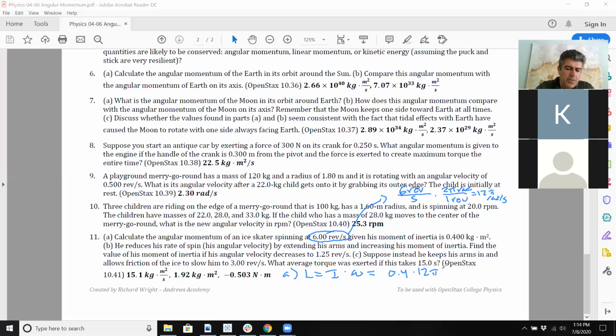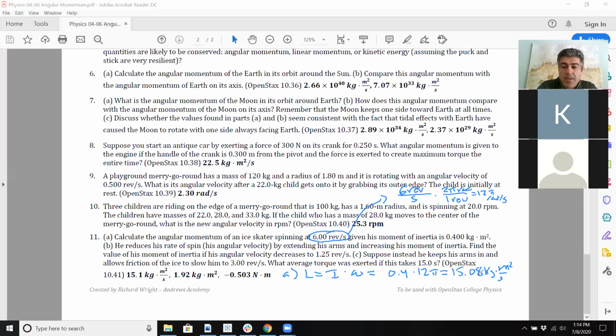So 0.4 times 12 pi. Yep, I get 15.1, or we'll be a little more precise, 15.08. And those are the units, kilograms times meters squared per second.